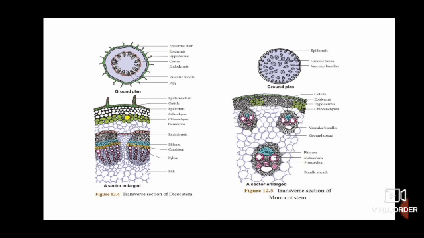The outer wall is cutinized. Cutinized means there is deposition of cutin outer to the epidermal cells. So this is about the epidermis. So here there are no trichomes or the multicellular stem hairs which are present in the dicot stems.